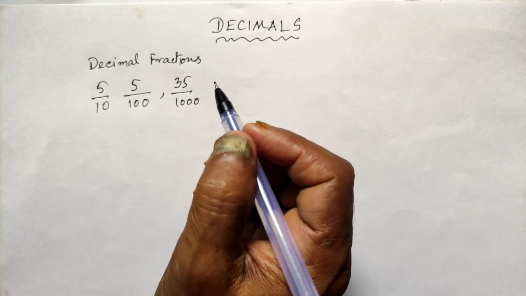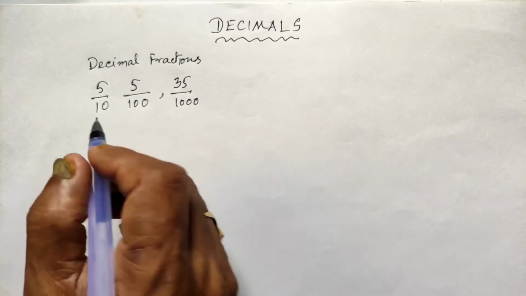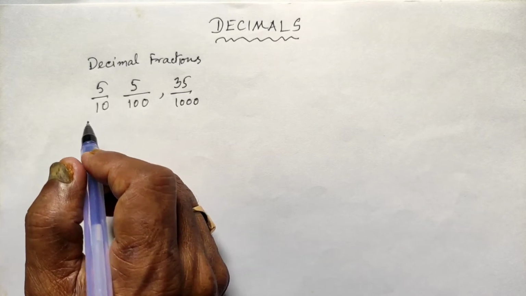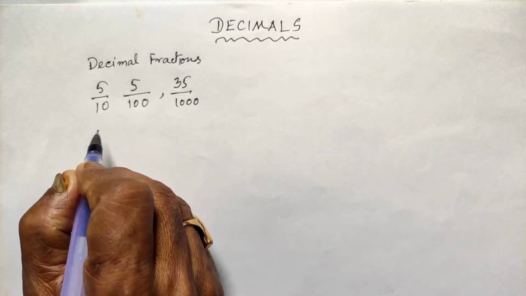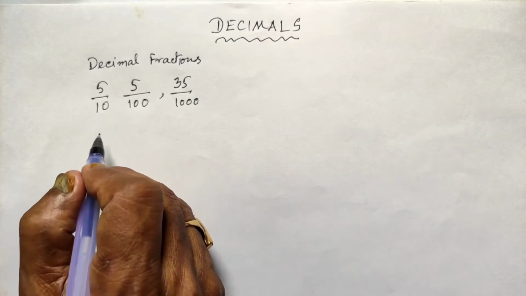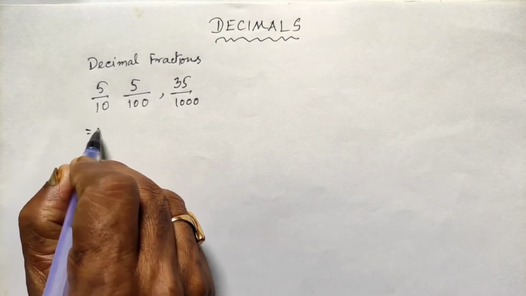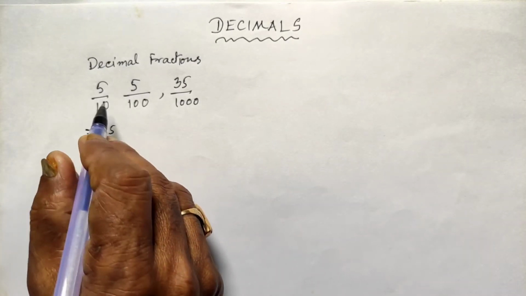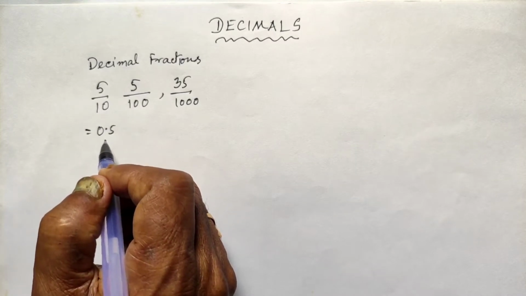So in all cases, once you do this, you will get the decimal form. In this case you will get 0.5. That means if you divide 5 by 10, this answer you will get.